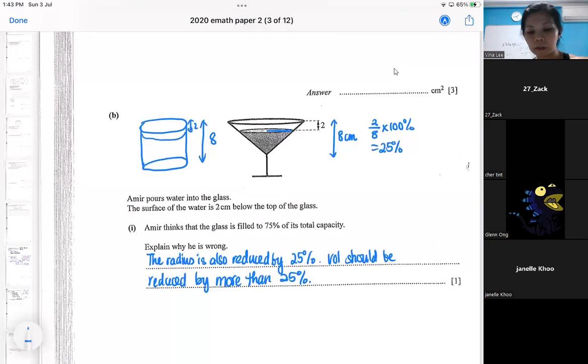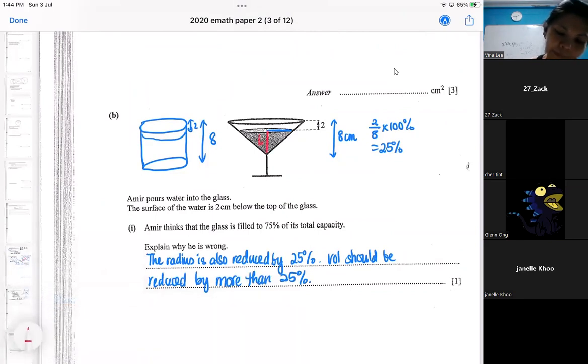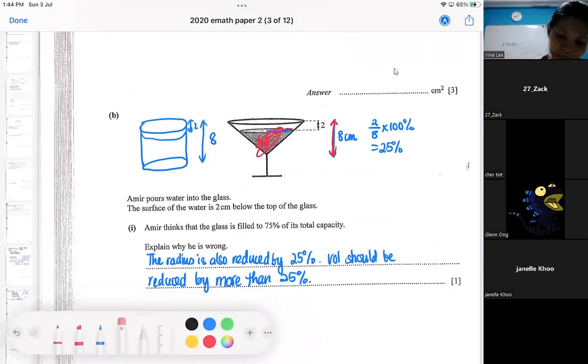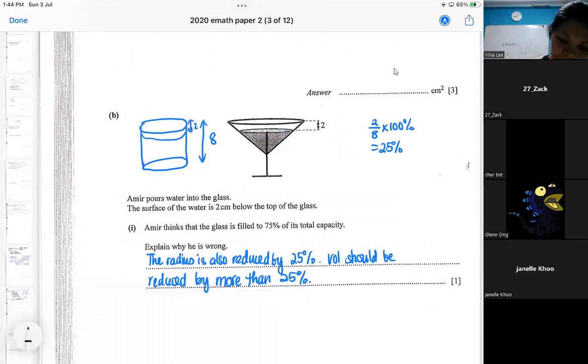Okay, so this one you have to apply similar ratio. So where does the ratio come from? The ratio will come from the height. This is a similar triangle. I think I didn't draw nice enough. So where are the two similar triangles here? The small one in the middle and the bigger one here. Using that, the height ratio is 6/8.